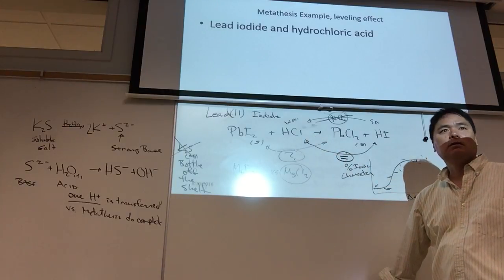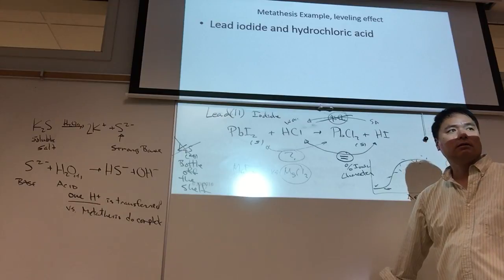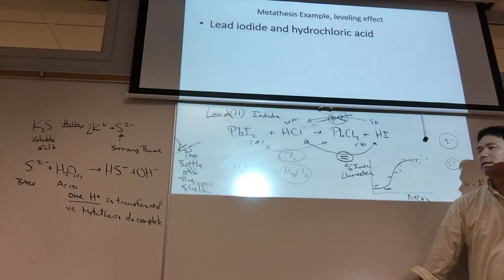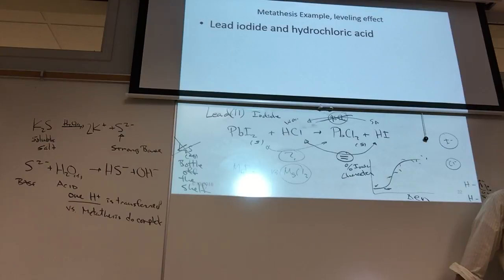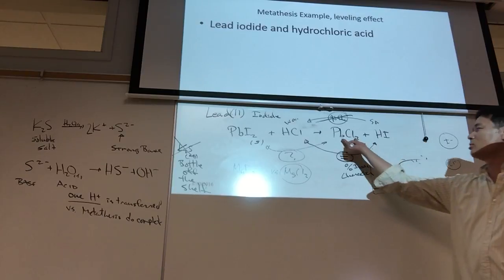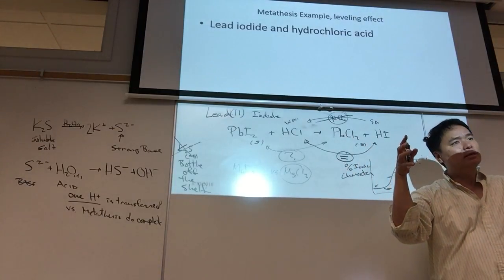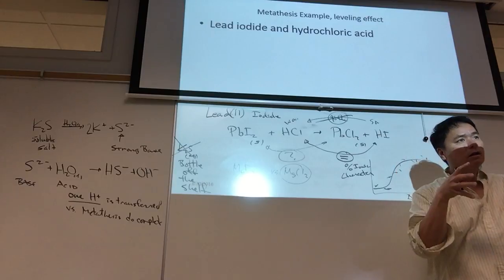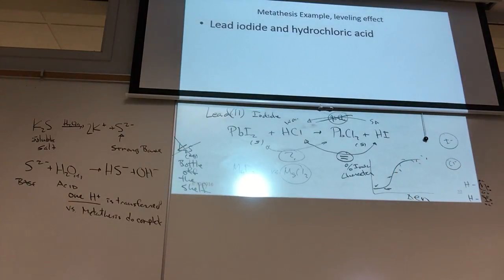They're equal, right? Why are they equal? Because of the leveling effect of strong acids. And so we're really stuck here. The only way we can figure it out is we need some additional data. My first guess is that chloride is more stable because chloride is smaller. And so let's take a look at the data here.